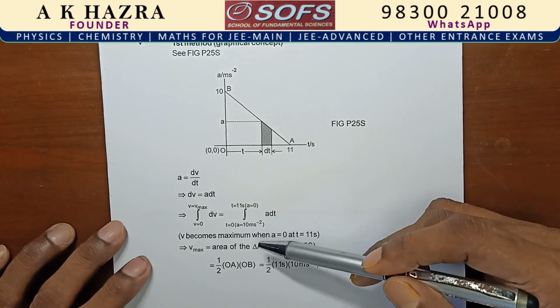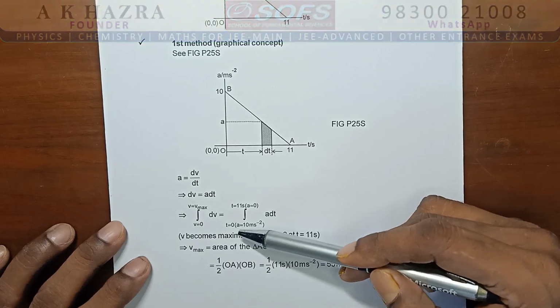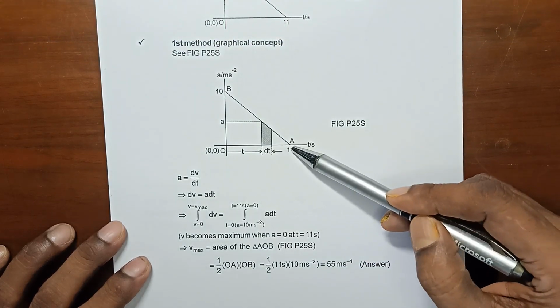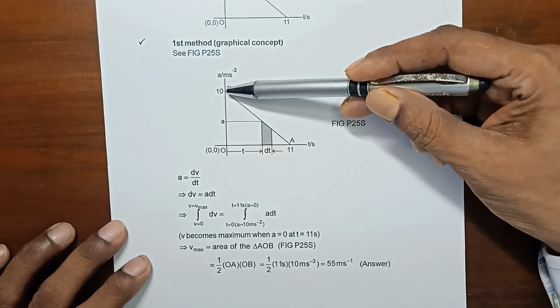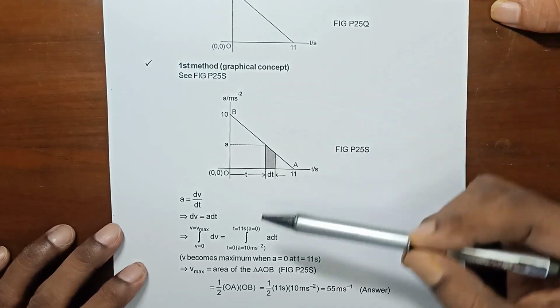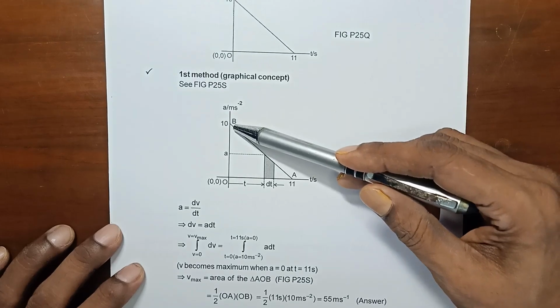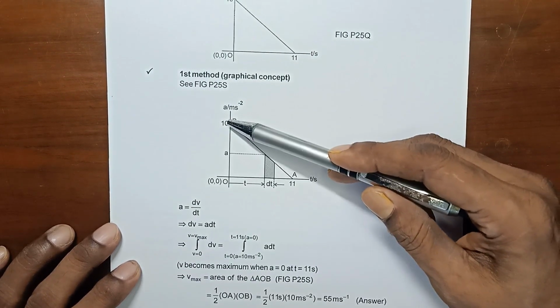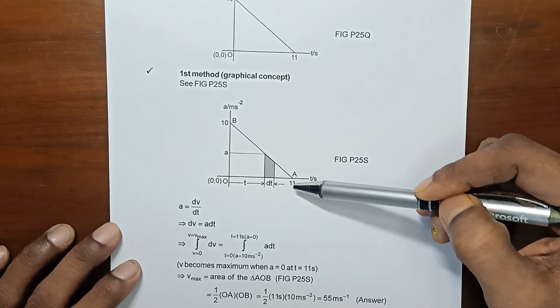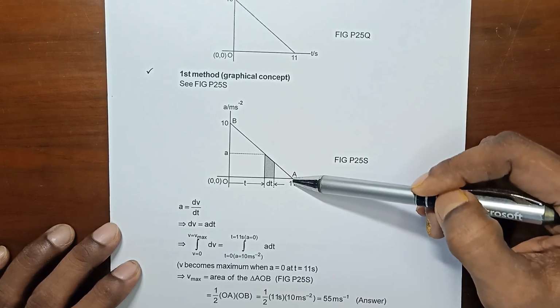So the particle is accelerated from t equal to 0 to t equal to 11. Up to 11 seconds the particle is accelerated, but the acceleration is gradually decreasing. As t increases, acceleration gradually decreases. Be careful. Initially acceleration is 10 meter per second square, and at 11 seconds the acceleration is 0.